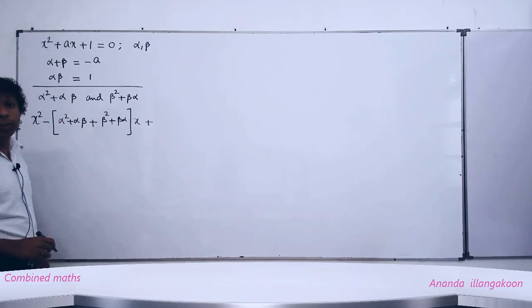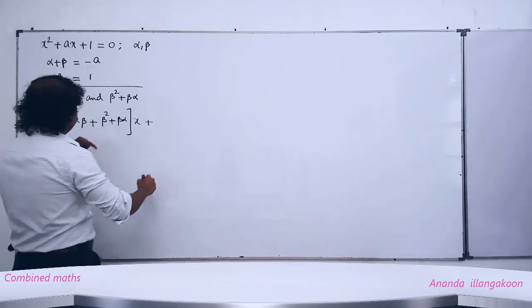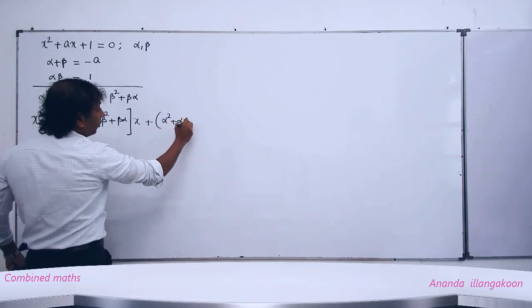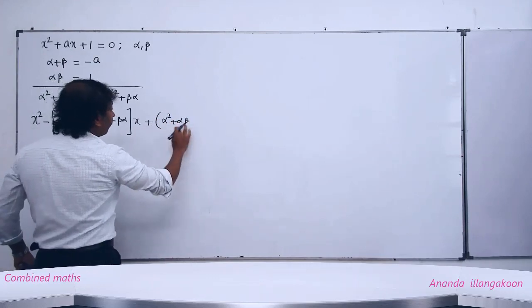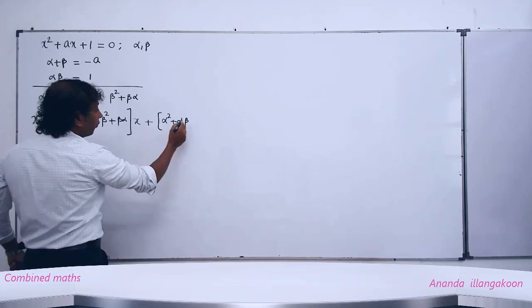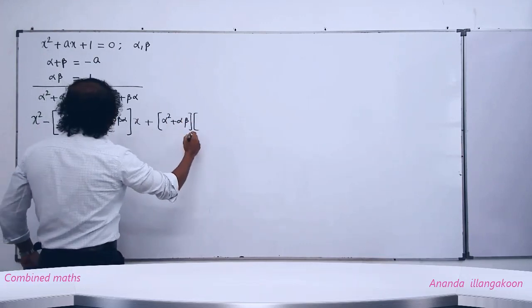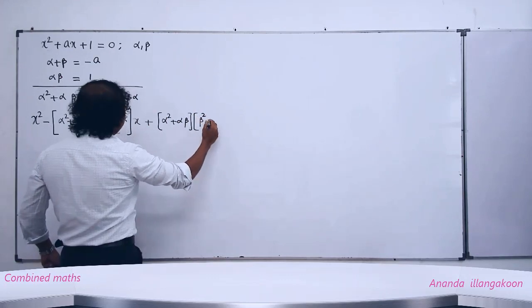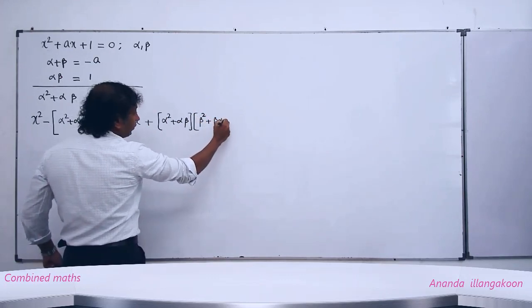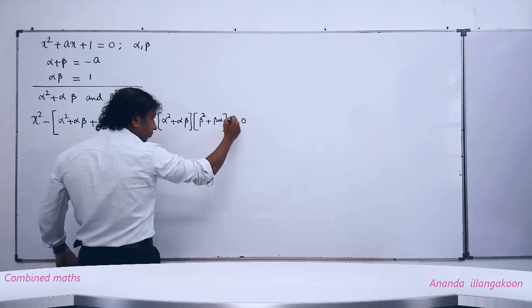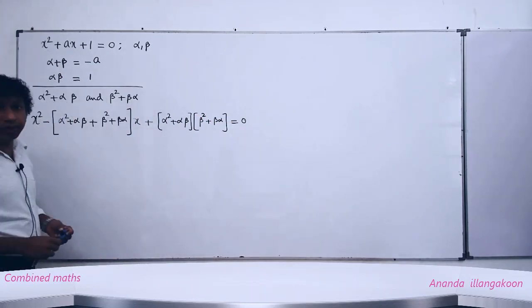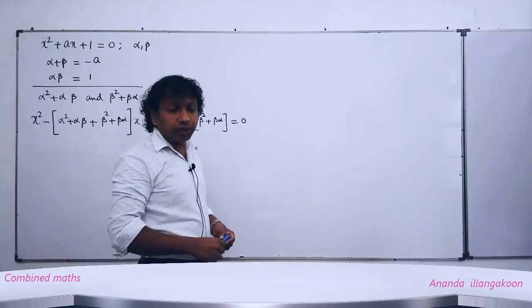Second, product of the roots. This multiplied by this: alpha squared plus alpha beta times beta squared plus beta alpha, I write like this, equals 0. People, this is the way of writing the quadratic equation of the given roots.